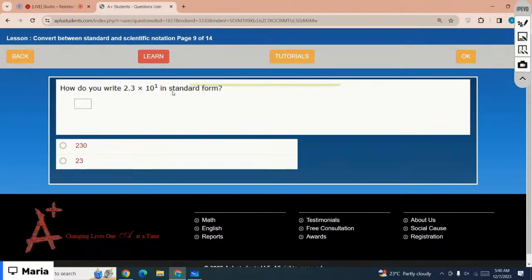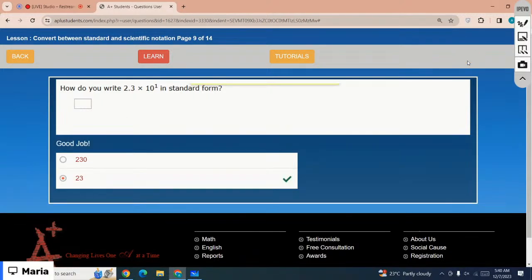Yes, you need to move the decimal point 1 place, right? So the correct option is 23, right?